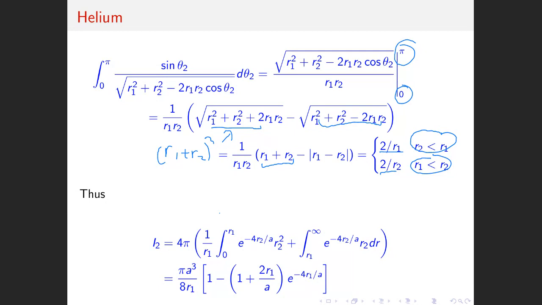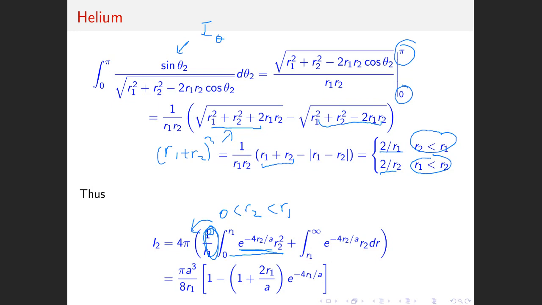So this condition means that 0 is smaller than r2, smaller than r1. So for this part of the integral, let's call this I theta, you plug in 2 over r1. So you had something like 2 over r1, which is just a constant, so you took it out.